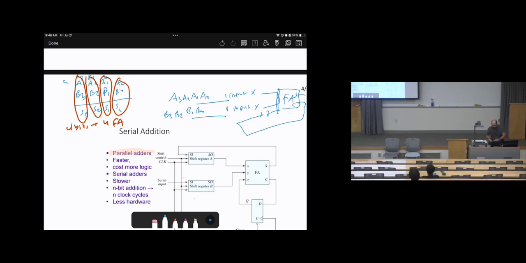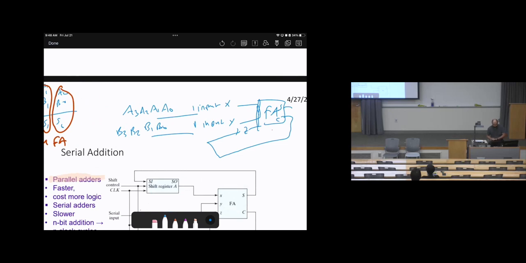In order to achieve this, we need to shift each bit at once. A0 and B0 make sum and carry. Then we store the carry bit for the next cycle when we go to A1 and B1. How can we move from A0 to A1, A2, A3? We can use a shift register.